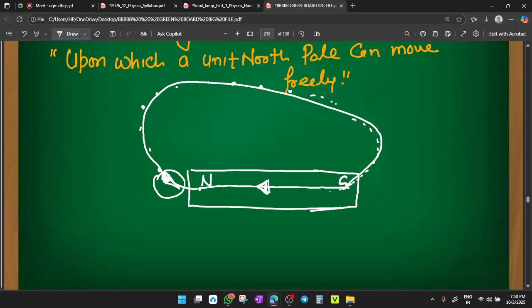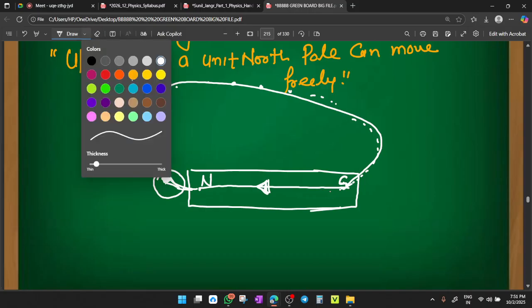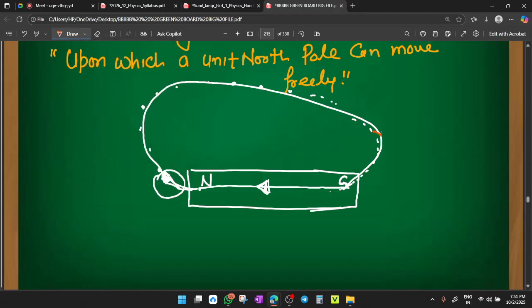Inside the magnet, the magnetic lines of force are from south to north, and outside the direction is north to south. One more important thing: at any point, the direction of the magnetic field can be obtained by drawing a tangent. Like if you wish to find the direction of the magnetic field at this point, just draw the tangent. In this way, this is your direction of magnetic field. Clear? Where the lines of force are crowded, it means the field is stronger, meaning B is proportional to the number of flux lines per unit area.